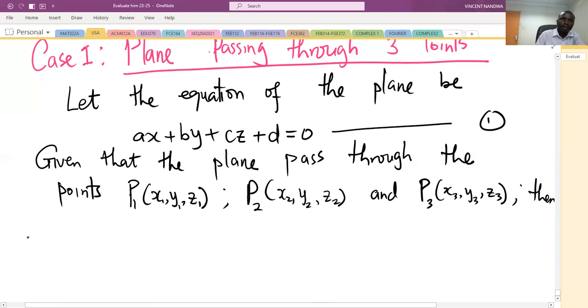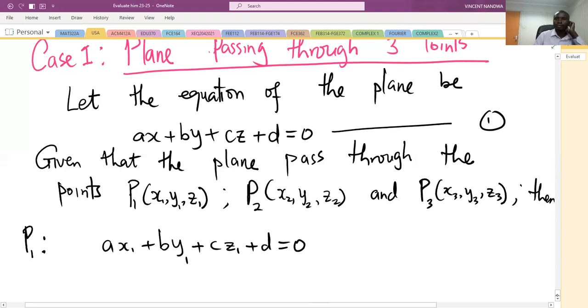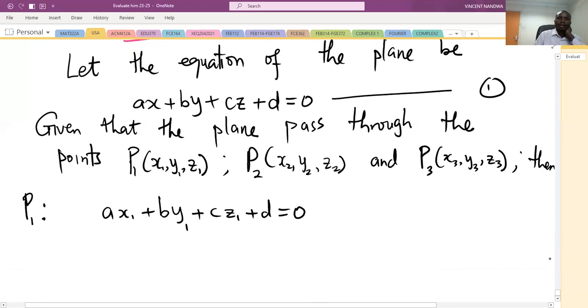Then for point P1, the equation becomes Ax1 plus By1 plus Cz1 plus D equals 0. Call this one equation 2.